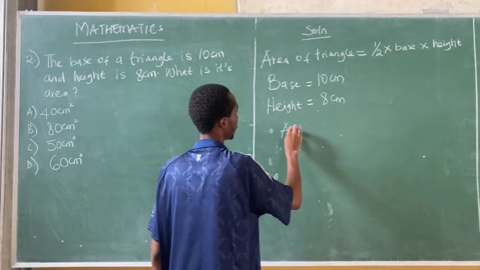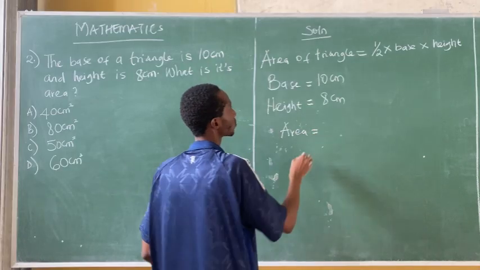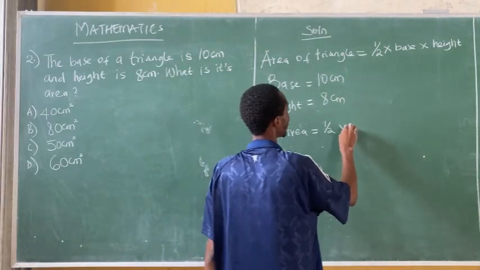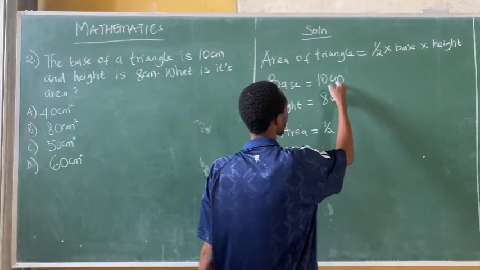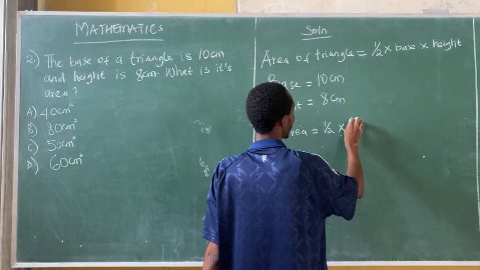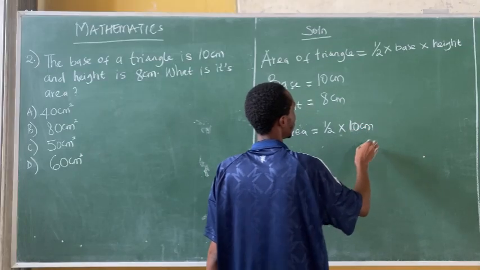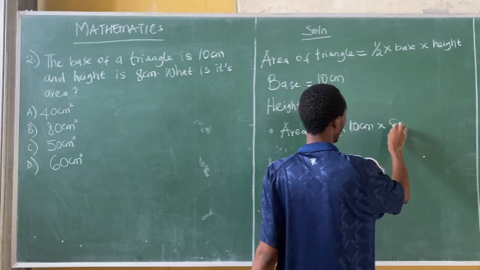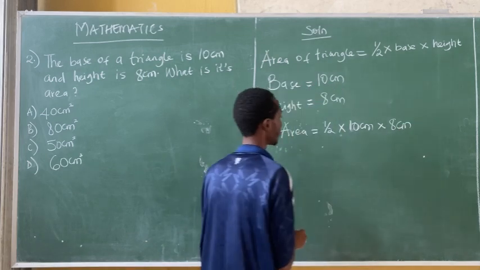Area of a triangle is equal to half base times height. You have 1 over 2 times the base, which is 10 cm, times the height you have here, 8 cm.